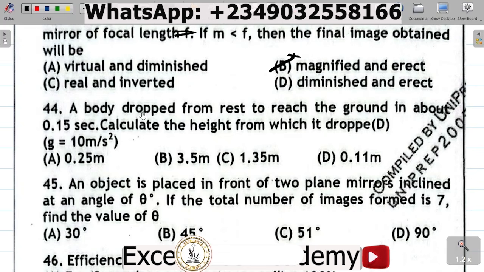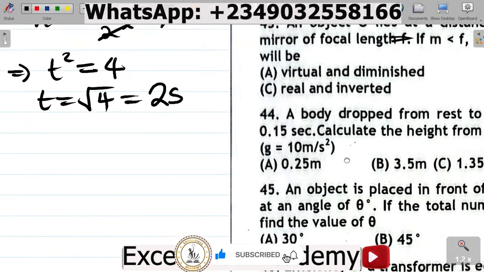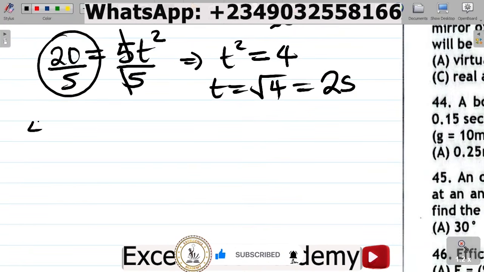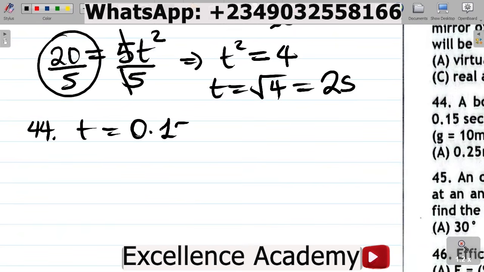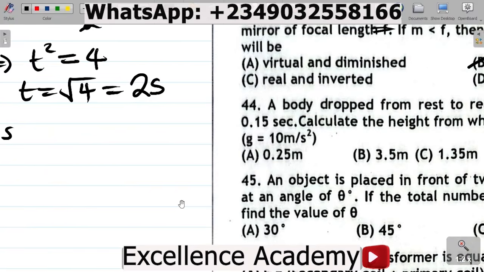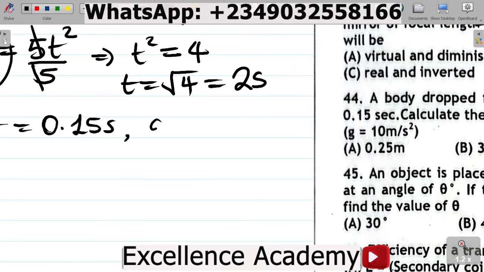Now, in solving this, it says a body is dropped from rest to reach the ground in about 0.15 seconds. So for 44, you are given the time, t, equal to 0.15 seconds. You're also told to take g as equal to 10 meters per second squared.